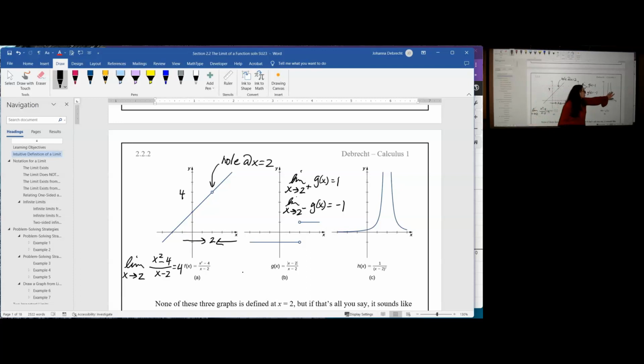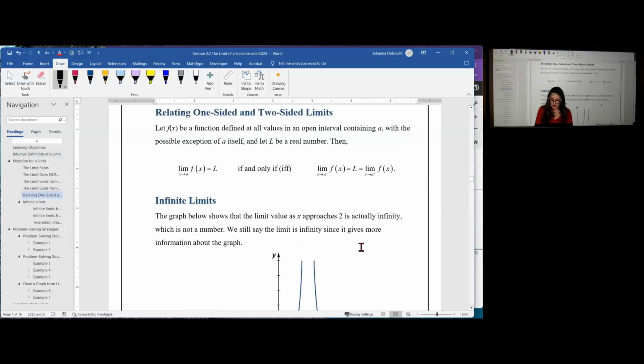In this case, both the one-sided limits agree to go to infinity, so technically they don't exist since that's not a real number, but we would write that both sides go to infinity. So again, when we're relating one-sided and two-sided limits, the two-sided limit exists if and only if the two one-sided limits exist and are equal.